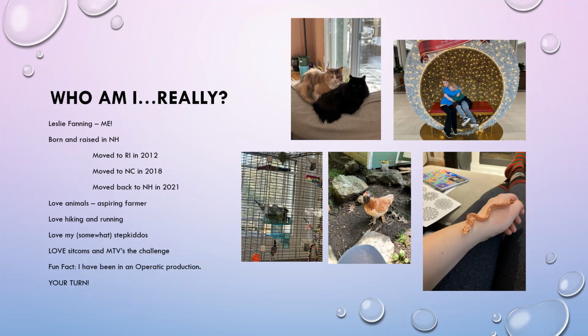You can't really get the types of rurality, the mountains. You can't be an aspiring farmer if you don't live in a place like New Hampshire. So I love it. I mean, I love hiking, and we have mountains everywhere. I clearly love animals. These are our cats, Lonnie and Edgar.